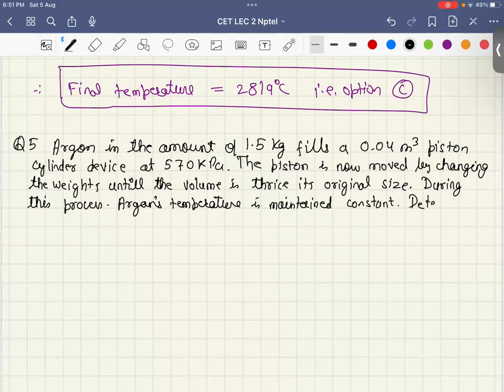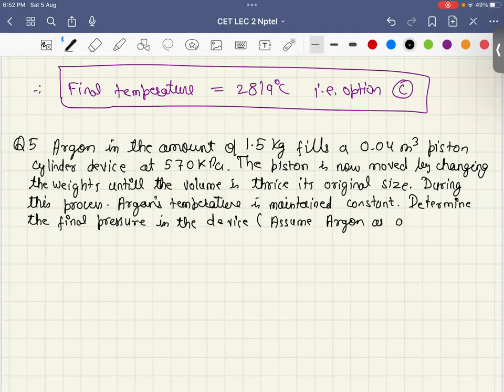Determine the final pressure in the device. So again, you have to assume argon as an ideal gas.